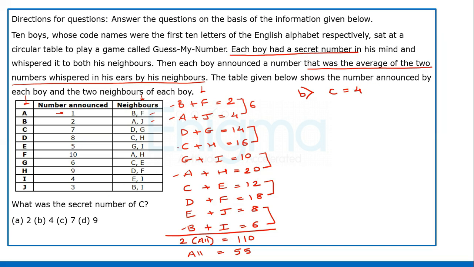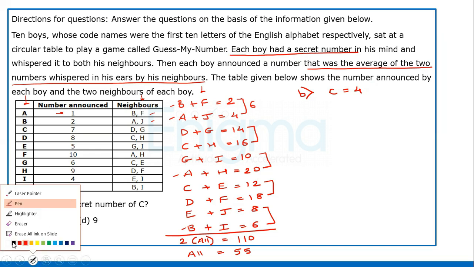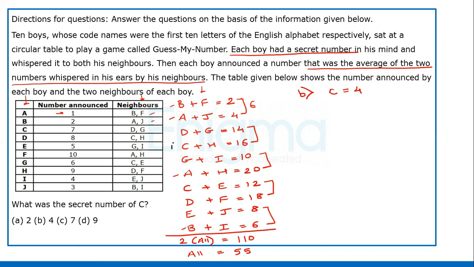Okay, so therefore from this equation, can I say that H will be equal to 12? And from this equation, I will have E is equal to 8 because C is 4.